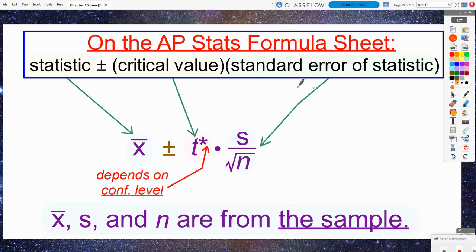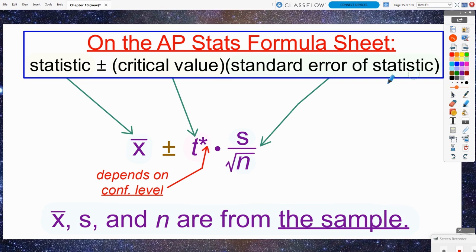So if we use the sample standard deviation instead of the population standard deviation, then all of a sudden our critical value switches gears. It's no longer a z critical value, but a t critical value. And we will have to use a t distribution instead of a normal distribution.